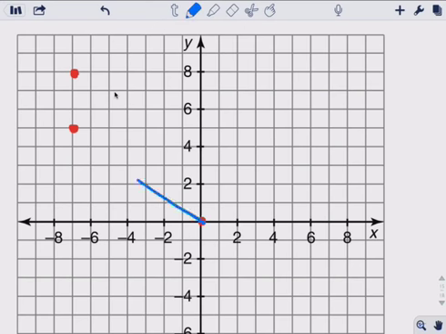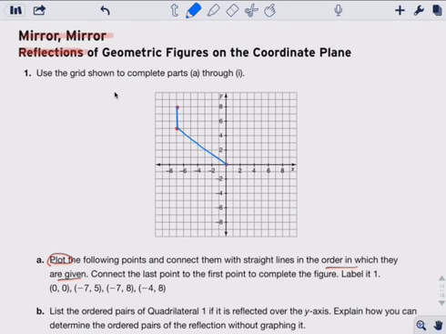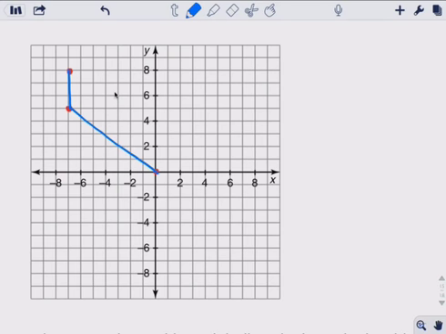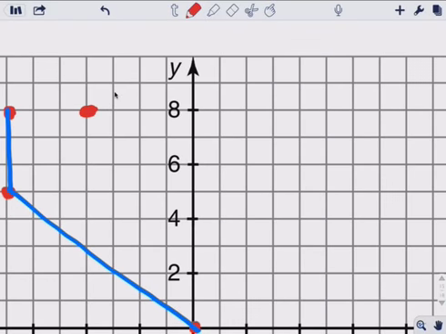Okay, so I don't forget which order. Let's try a little bit straighter. Wish I had a ruler. Okay, not straight enough. There. Alright, and then negative 4, 8. I hope I did it right.